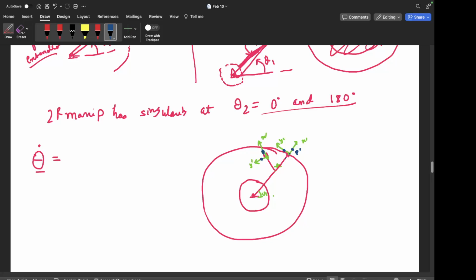So effectively, for as long as you keep theta 2 equal to 0, from this position you can only move in the direction perpendicular to link 2, right? You would have to change your theta 2 to some other angle in order to regain the ability to move in this direction. You can't just go to p dash.